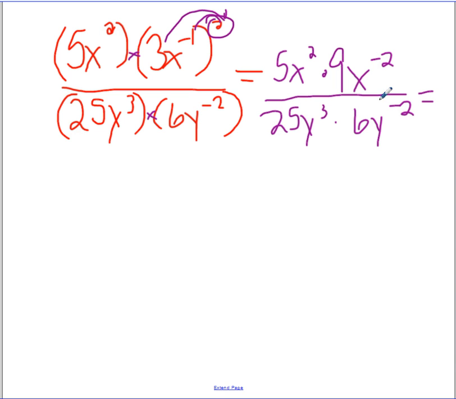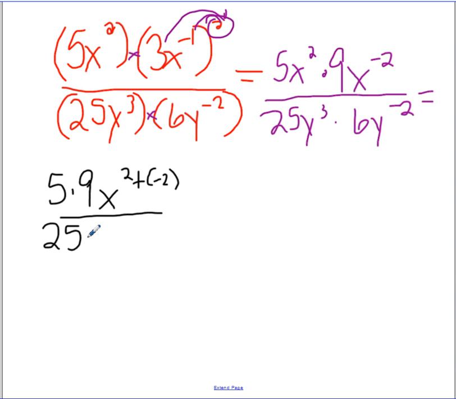Now you might be tempted to move those negatives to the other side, but let's simplify first before we start moving anything. So again, when we simplify, we're going to do 5 times 9. And then we add exponents. So for our x, we're going to have 2 plus -2. And for the denominator, we have 25 times 6. And for our y, we have 3 plus -2.